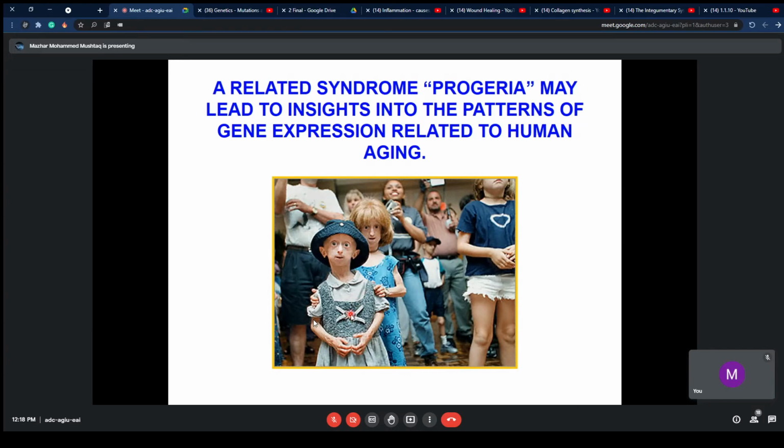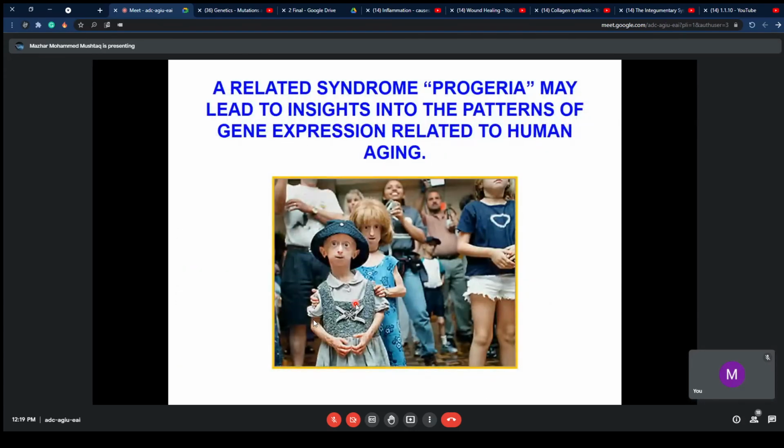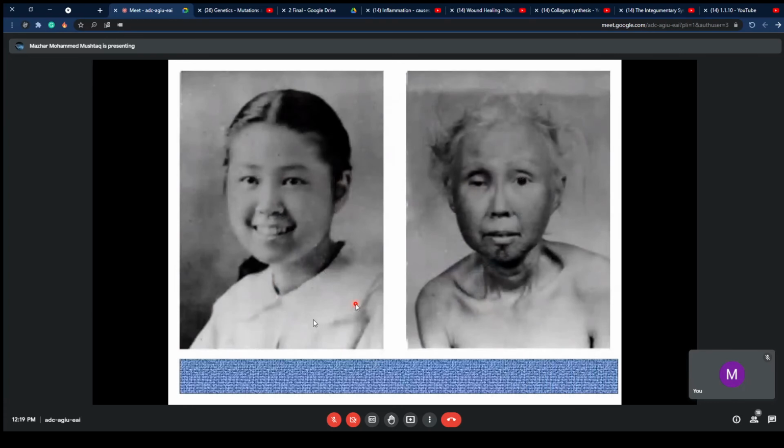In childhood itself, their appearance shows they are having some sort of problem, and this is called progeria. Early aging of the individual is called progeria. There are two types, there are others also, but these are the two types that we are going to learn in a while.